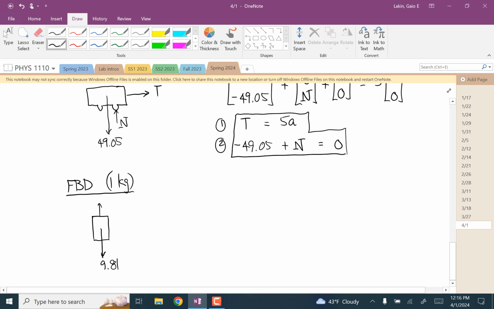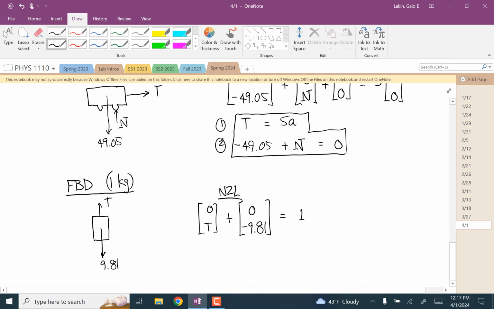The cable force, that's the same cable, and so this is T. And so Newton's second law says 0, T plus 0, negative 9.81 is equal to the mass times the acceleration vector.